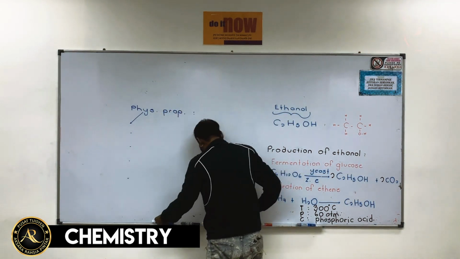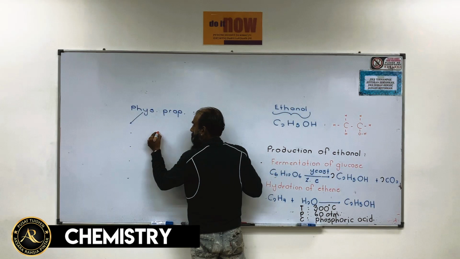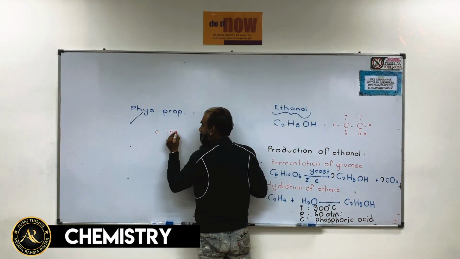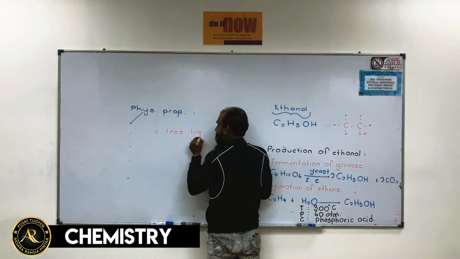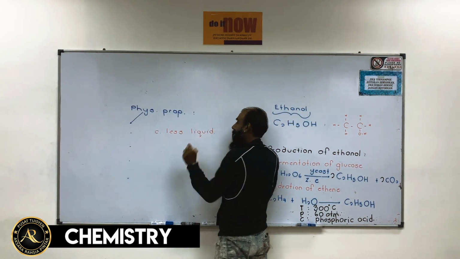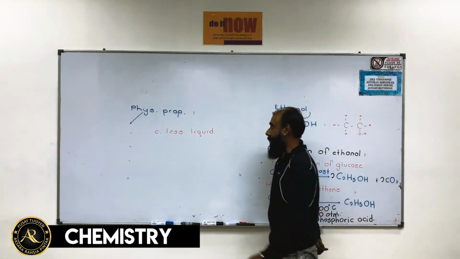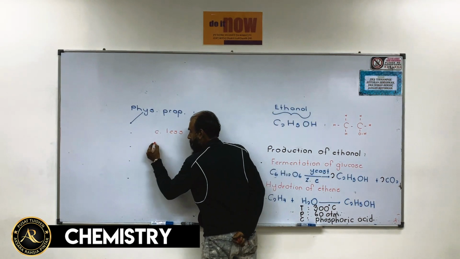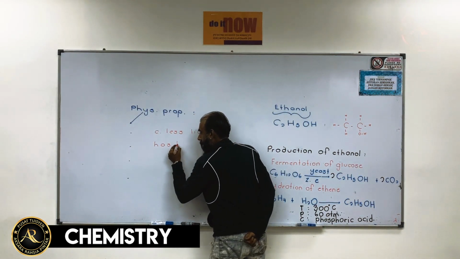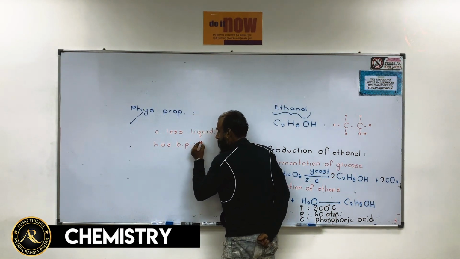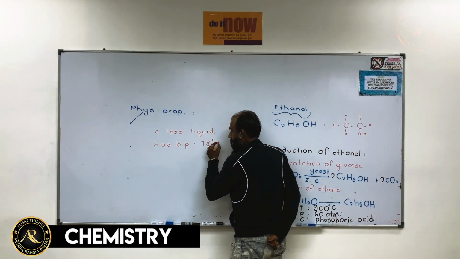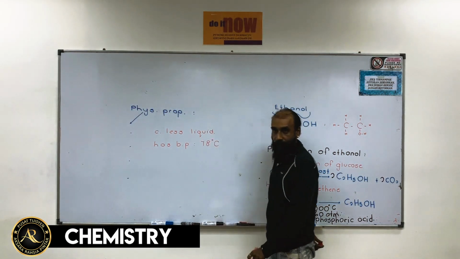Number 1, a colorless liquid. Number 2, has boiling point of 78 degrees Celsius.